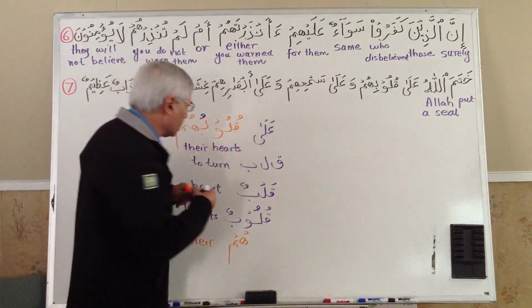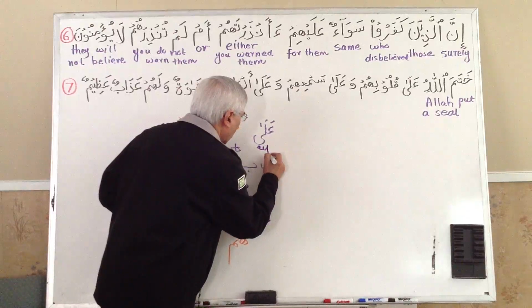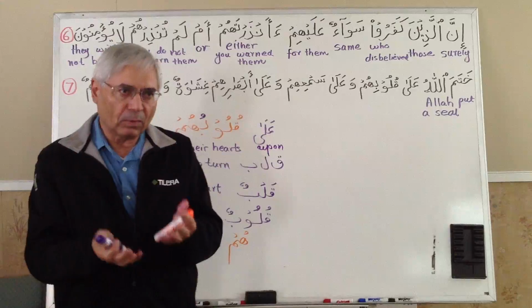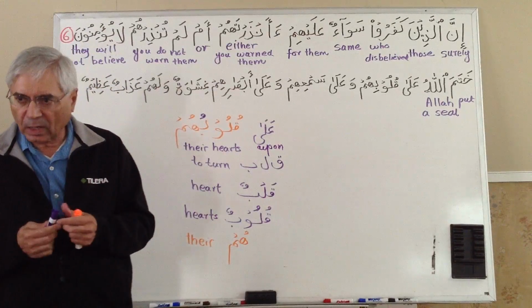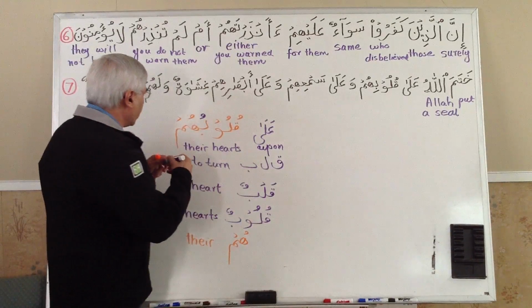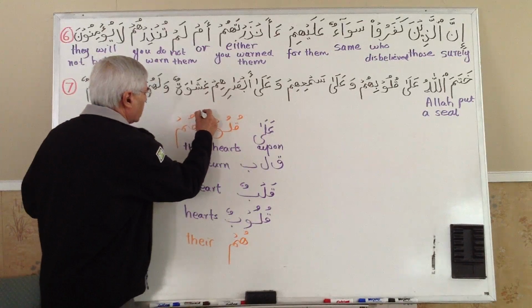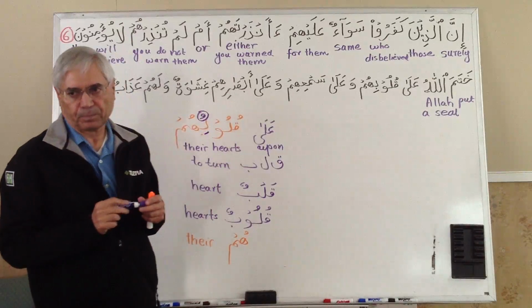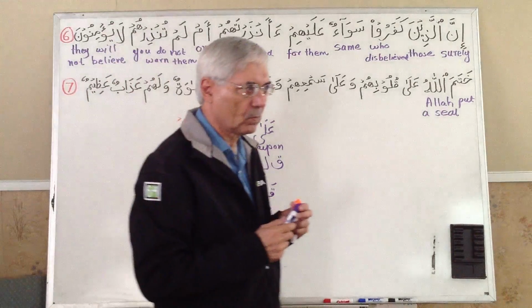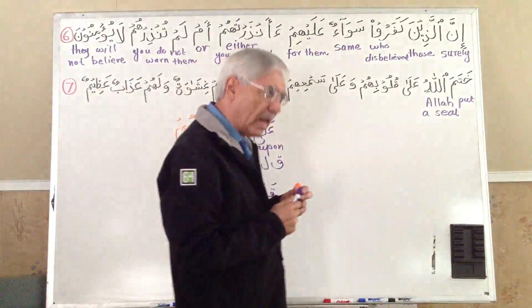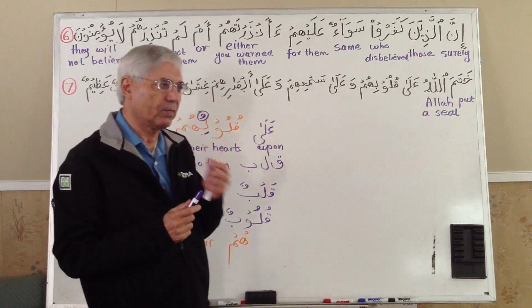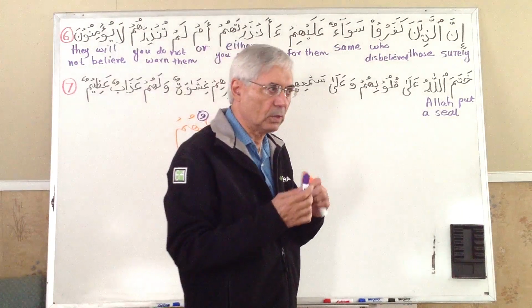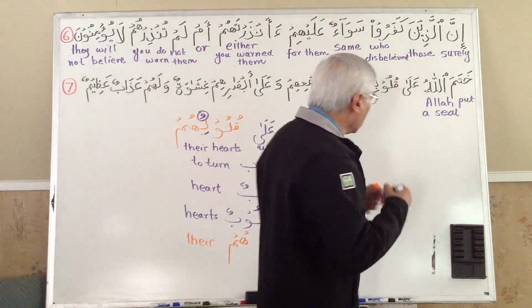Ala means upon. Ala is a preposition, a harf jar. Whenever a harf jar comes before a noun, it changes this dhamma to a kasra. Which one is harf jar? Ala. Ala is called a harf jar. In English it is called a preposition.